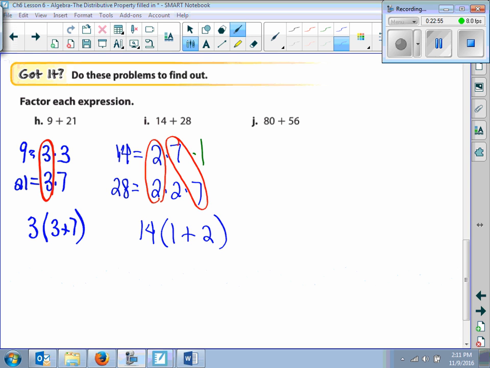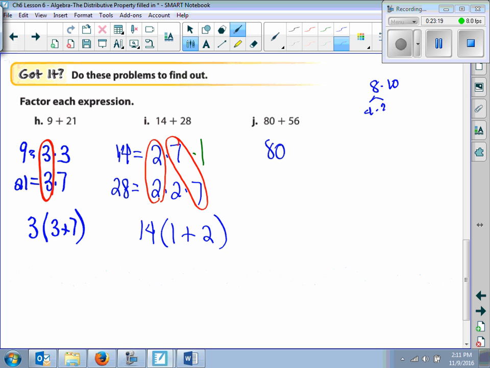All right. So, these are big numbers. Okay. So, I might have to just do the factor trees on the side. Okay? So, here we have 80. Let's see, we have 8 times 10, right? 8 times 10. That can be broken down to 4 times 2.